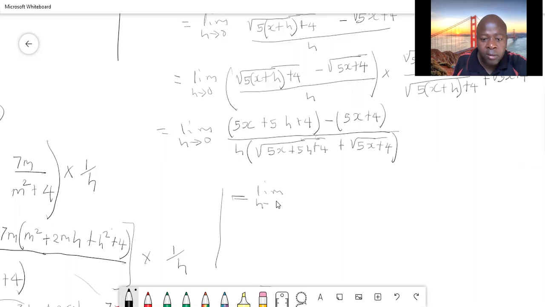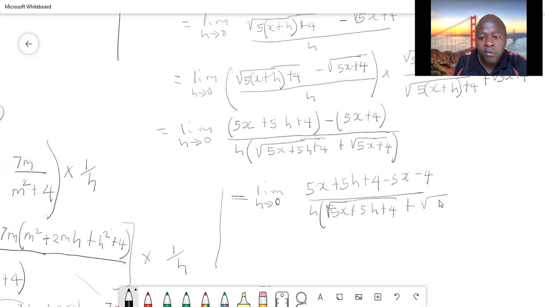So that gives us the limit as h tends to 0 of 5x plus 5h plus 4 minus 5x minus 4 over h times the root of 5x plus 5h plus 4 plus the root of 5x plus 4. Let's close this bracket.